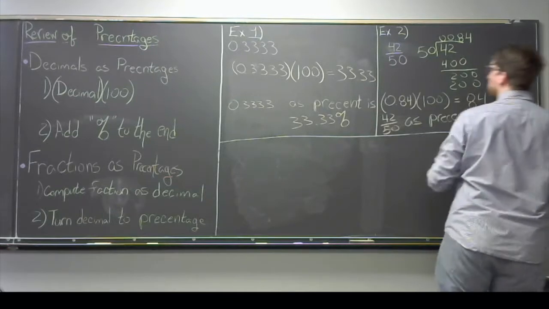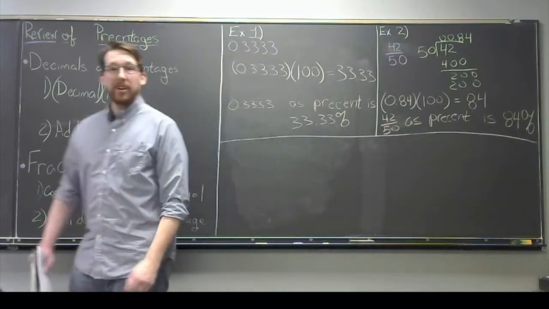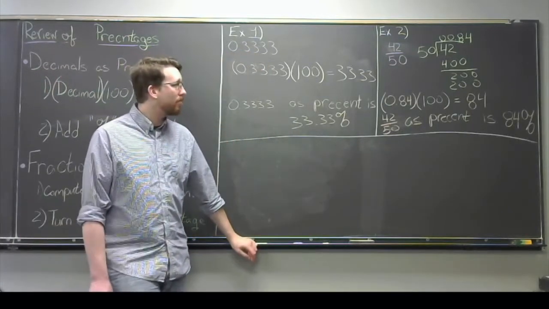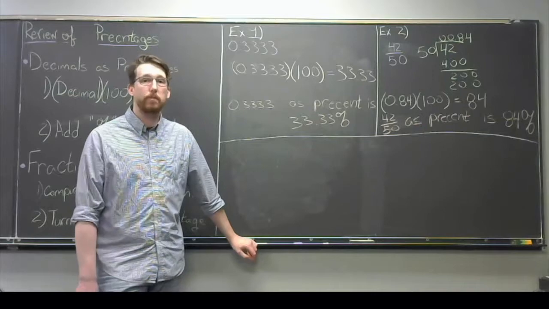So, as a percent, we get that 42 over 50 is equal to 84%. Dope. Pretty straightforward.